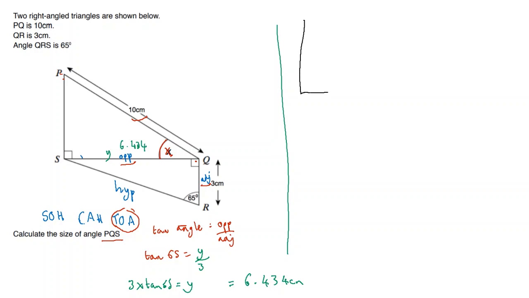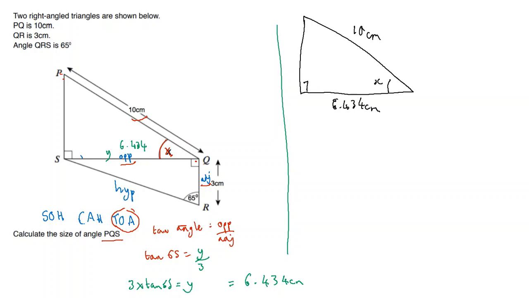So I'm just going to sketch out triangle PQS. In triangle PQS, this side is 10 centimetres, this side is x, this is my right angle, and this is my 6.434 centimetre side. So we've got enough information now to find x, and we can use trigonometry to do that.